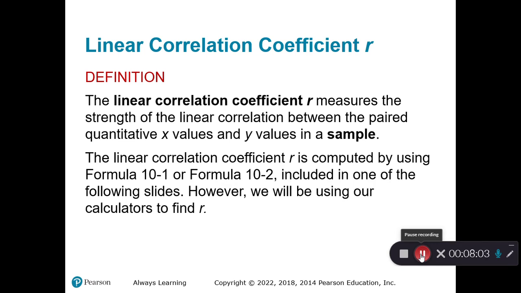This linear correlation coefficient r is a single number, and it is computed either by using some manual formulas, and we'll go through those formulas in the coming slides, but we are going to be finding r using our calculators, either the Texas Instruments 83 or 84 models, and I will post a separate video on YouTube as to how to use the calculator to find r.